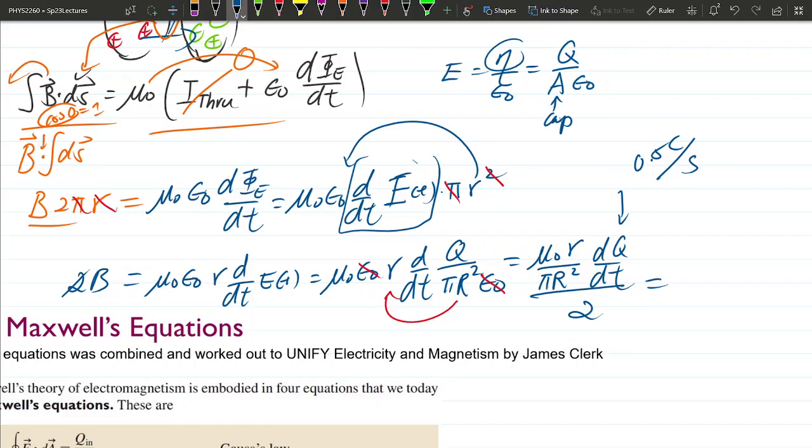Permittivity of free space. That's epsilon naught, not very useful.